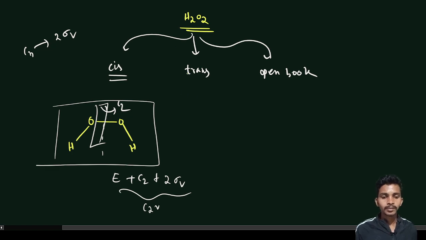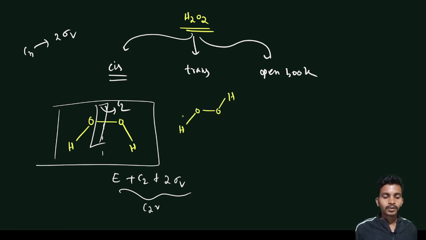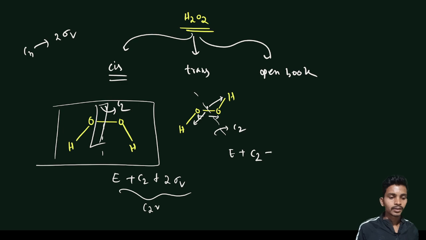Now if I talk about the trans, then this molecule and this molecule. Here, if I rotate these molecules like this, then C2 is there. Okay, so if you visualize it, then C2 is there and E is there, and i is also there in this molecule, because from here if I go here, then here, i is there.